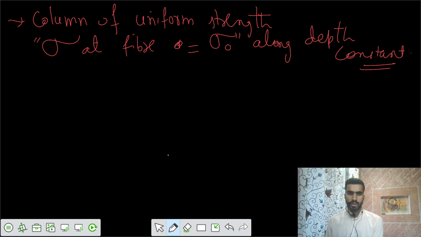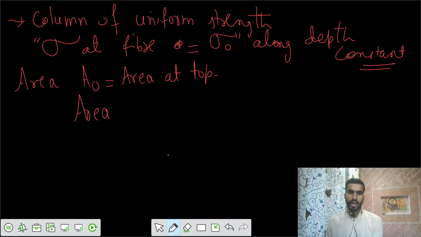Now there is an area given, that is the area at the top, A naught equals the area at the top. The problem says that you want to get the area at the bottom. You need to calculate the area at the bottom.